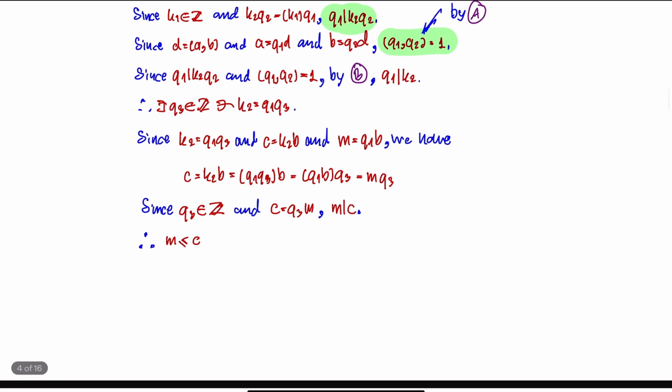Okay, so we can show that the least common multiple of A and B times the greatest common divisor of A and B is going to be M times D, right?